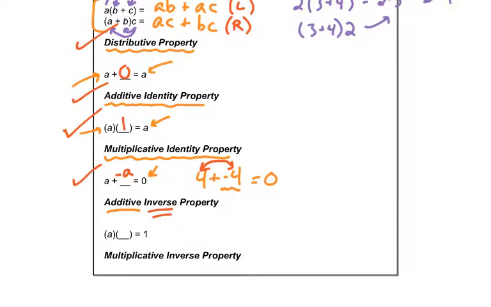Check. And finally, friends, last one. Same question, sort of, but now what would you multiply by to get the number 1? Why 1? You'll see in just a second why. But for example, if I take the number 3, what do I multiply 3 by to get 1? It looks like it's probably going to have to be a fraction. And in fact, it's going to be 1 over 3.